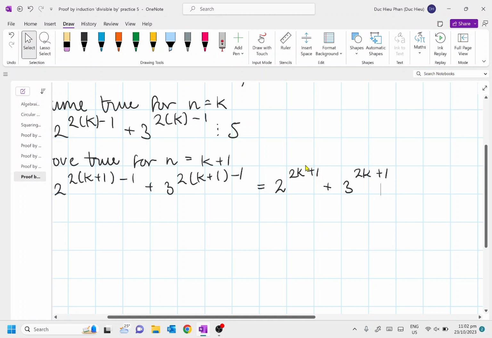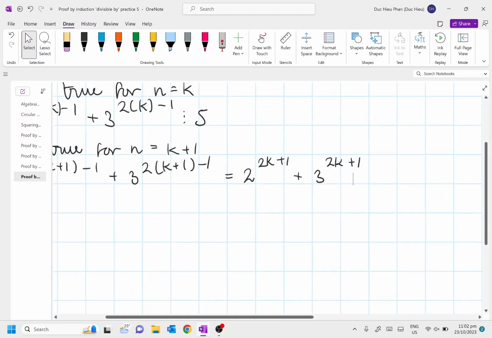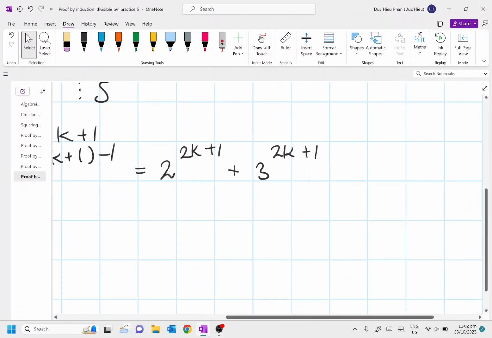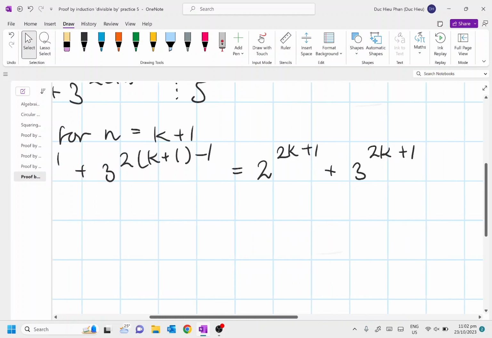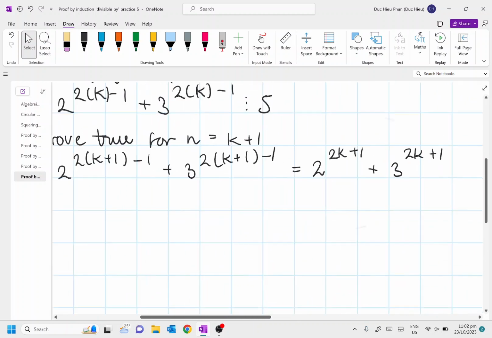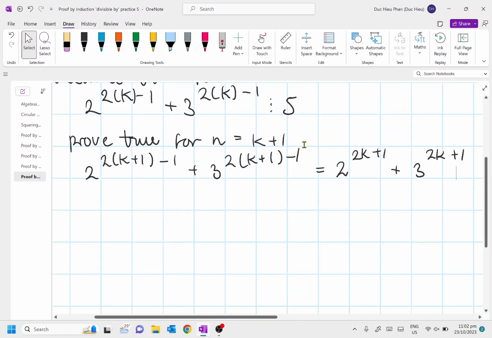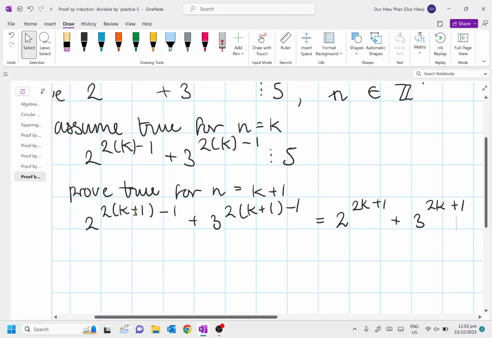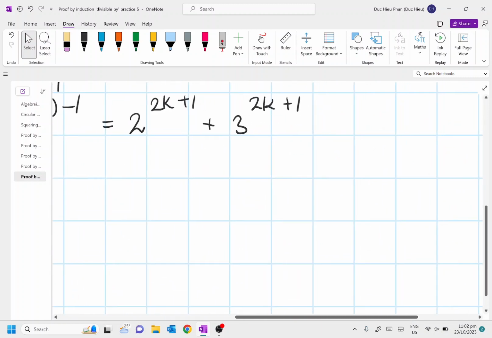How do we get from this to this so that we know that it's divisible by 5? Well, if you're a little bit smarter than me when I first did this question, you can look straight away and say, hey, 2k plus 2 minus 1, just take the plus 2 out. That's exactly what you need to do.